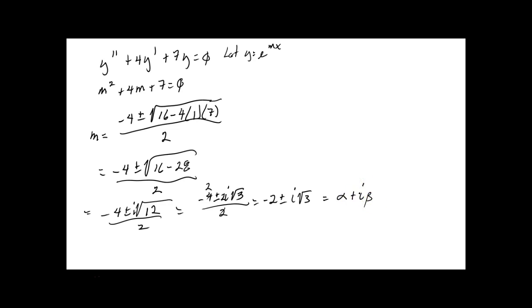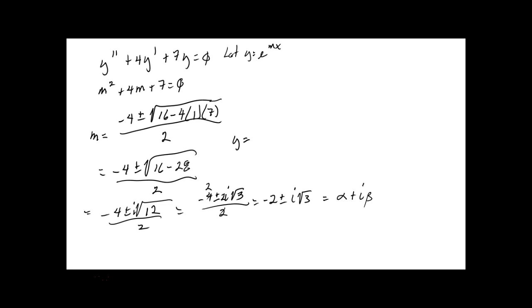I don't care which way you do it. I put i beta because I had the root 3 afterwards. So the line right above says your solution is y equal to, actually go to the second part of it: factor out the e to the alpha x.